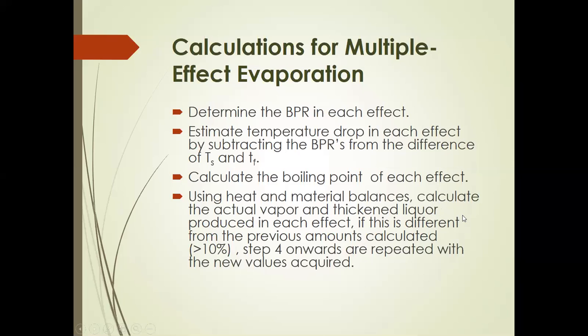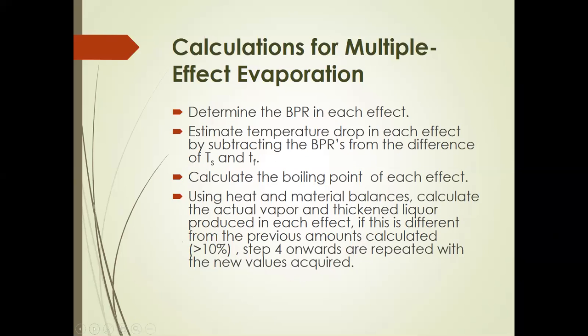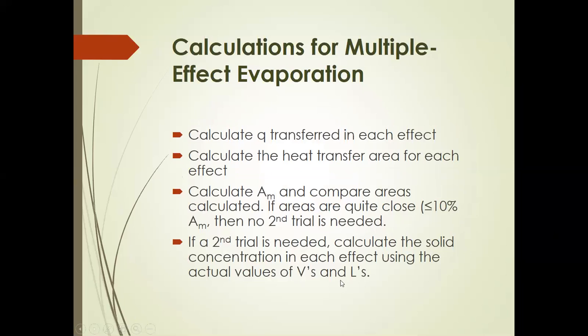If it's triple effect, it's a different story already because there are so many things to determine. What I mean is there has to be no repetition here in step 9, and no need for a second trial in step 13. So if there's no repeat, then more or less an hour is good for a double effect evaporation problem.